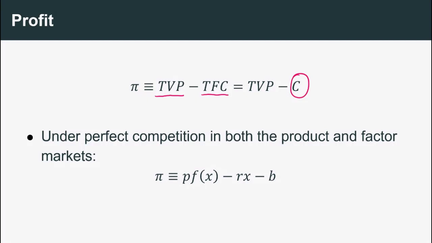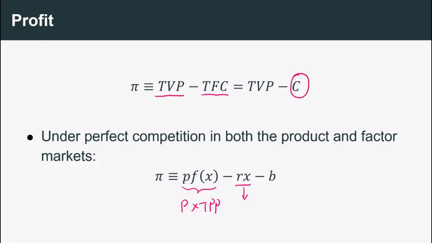If we further assume perfect competition in both the product and factor markets, then profit can be written more specifically here. TVP can be written as a product of your output price and your TPP. And your total factor cost actually has two components.